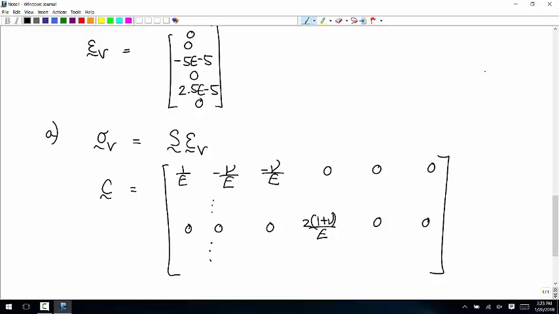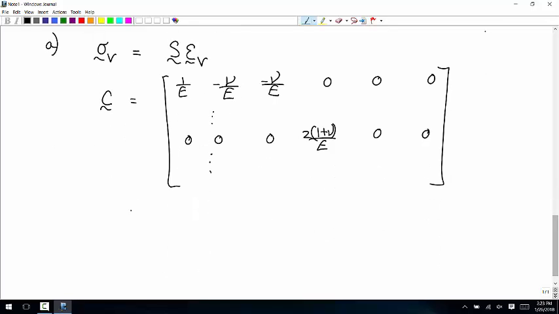And so then to get the stiffness matrix, you just invert that.